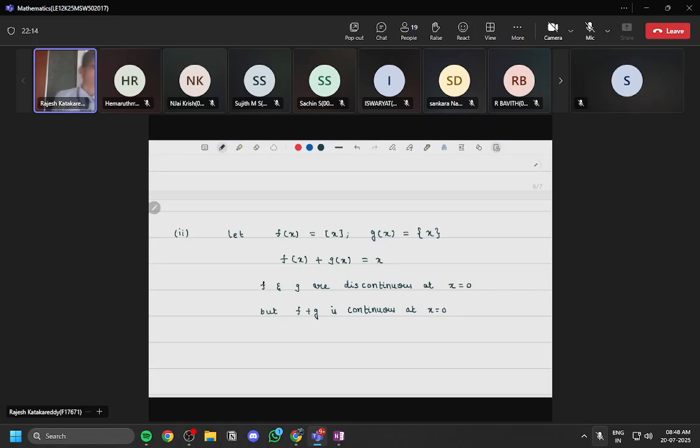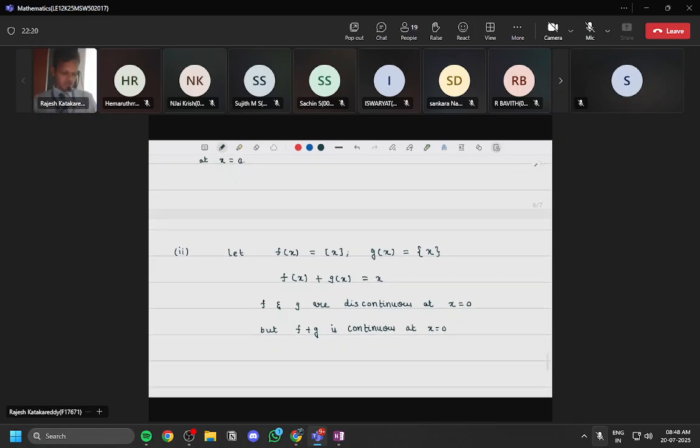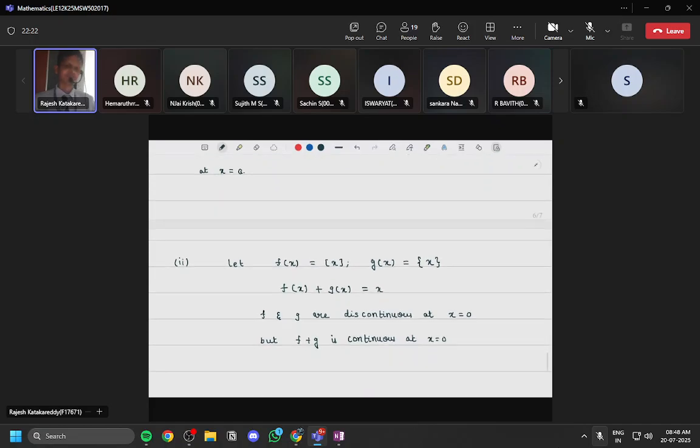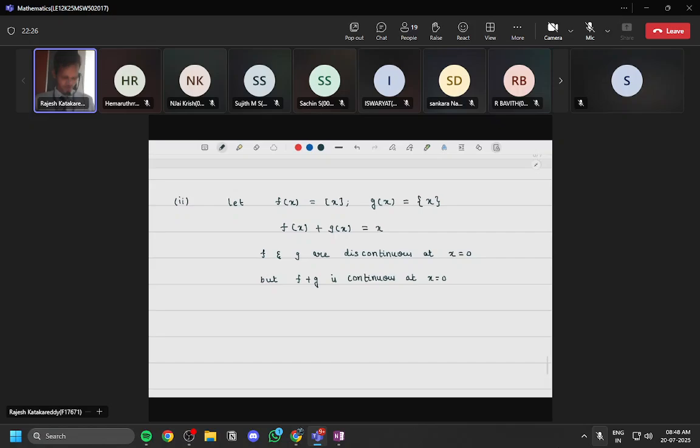Understood? Right? Which one you want me to scroll up? No. That one I removed. That seems not working. I need to look for some other one. So maybe let us multiply and get a continuous function.